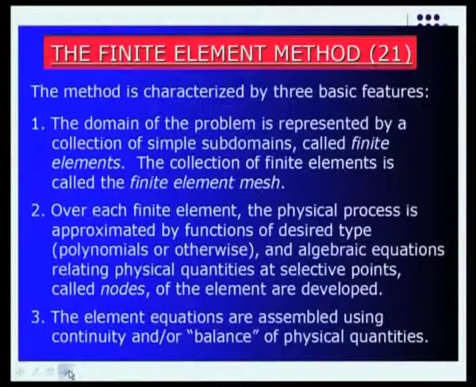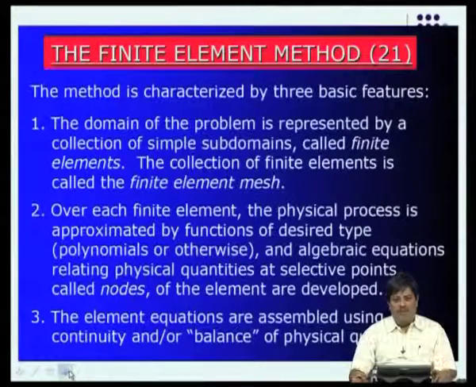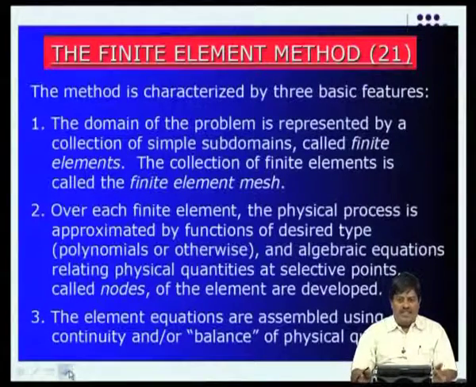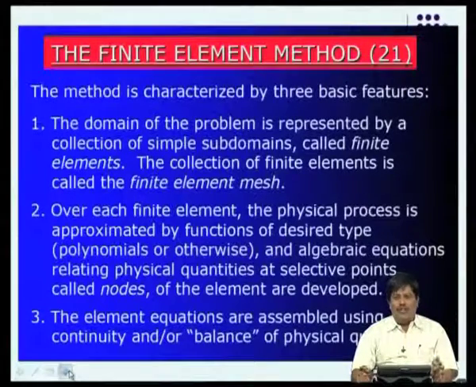Before we understand what a weak form is, let us talk about what FEM is. I discussed this in the last lecture, and I am going to revisit it here. The whole domain is characterized by 3 basic features. The first feature is that the domain of the problem is represented by a collection of simple subdomains called the elements or the finite elements.